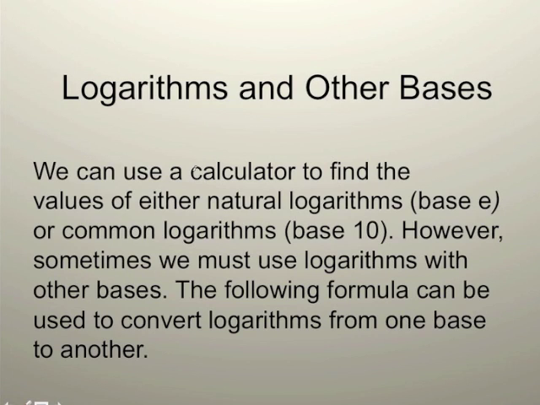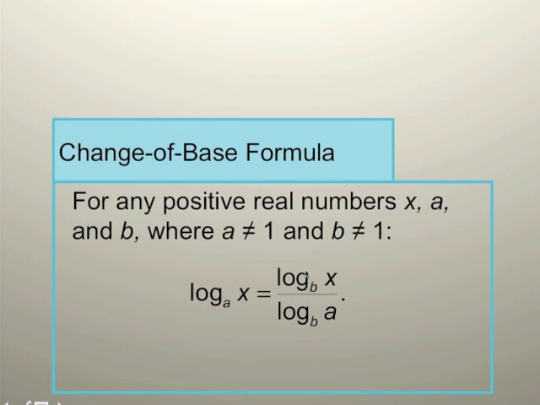Logarithms and other bases. We can use the calculator to find either the natural logs, base e, the ln's, or the common logs, base 10, that's the log button. However, sometimes we use logarithms with other bases. The following formula can be used to convert logs from one base to another.